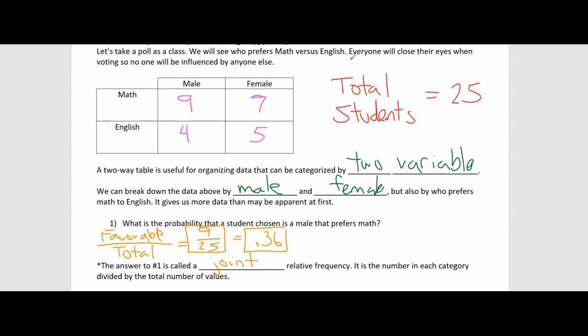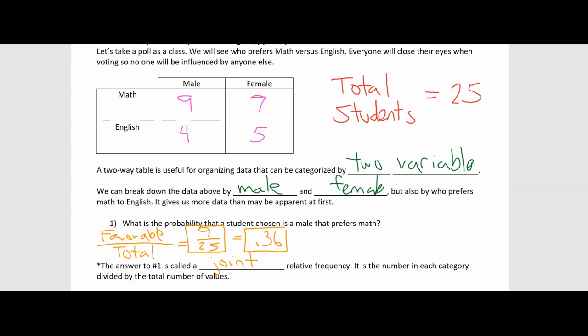It's not as important that you remember what they're called as opposed to understanding what they represent and how to find them. Again, it's less important to me that you know this is called a joint relative frequency than that you understand how to come up with it, because that's going to be more important in really understanding these two-way frequency tables.